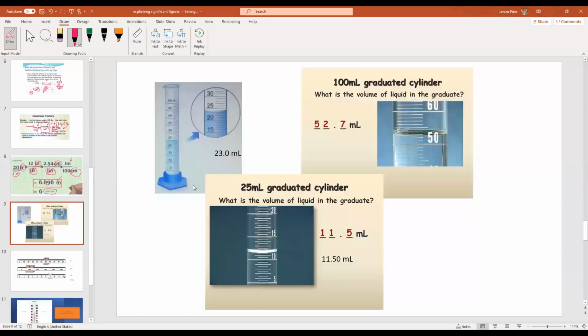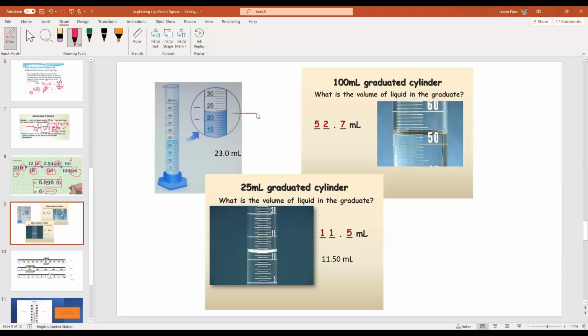When you are reading graduated cylinders, you have first of all to see how much is every line. For example, here from 20 to 25, you have 1, 2, 3, 4, 5 lines.